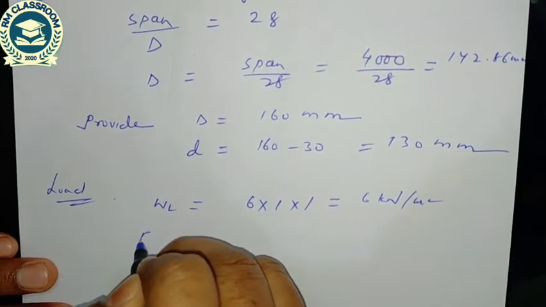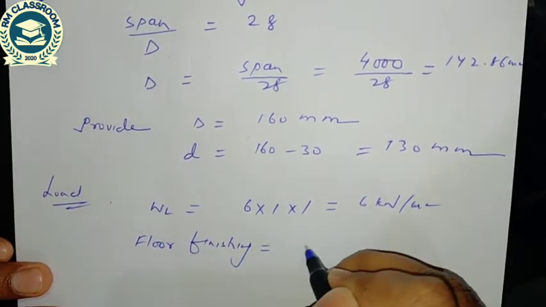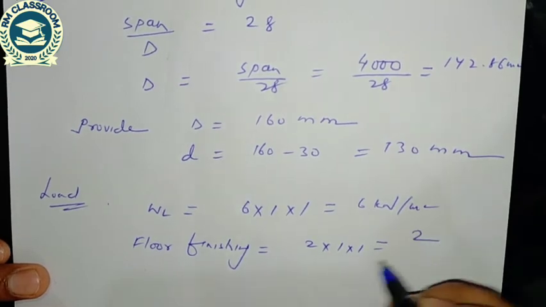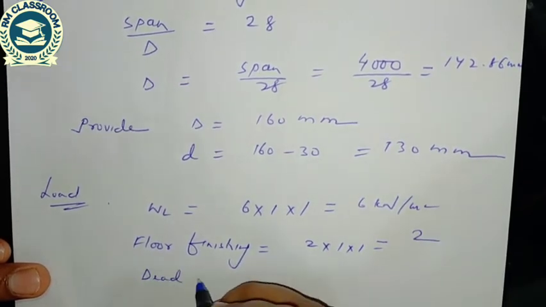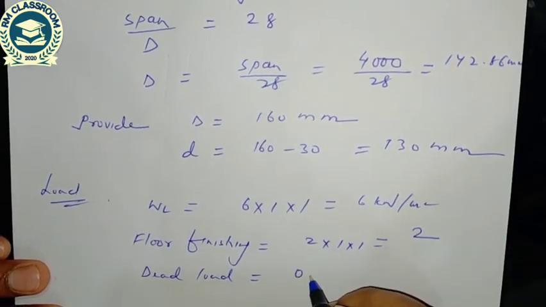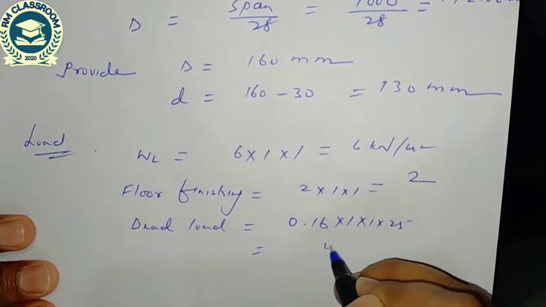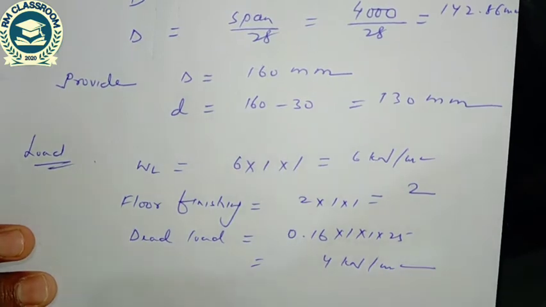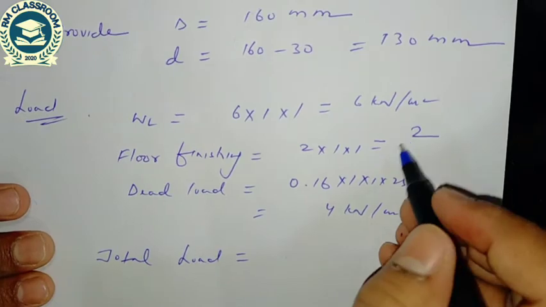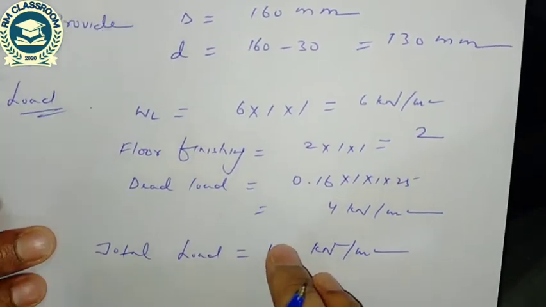Similarly, floor finishing, 2 kilonewton per meter square, and dead load is overall depth 0.16 into 1 into 1 into 25, so it is 4 kilonewton per meter square. So total load is equal to 12 kilonewton per meter square.